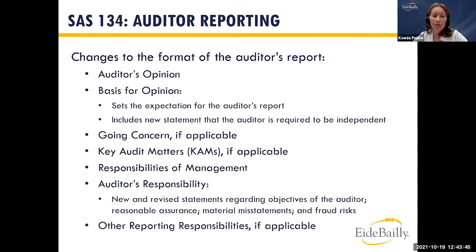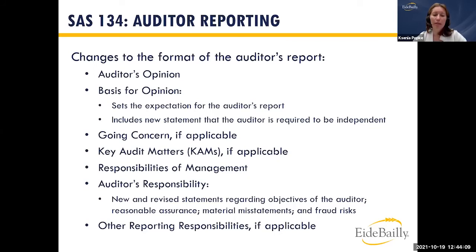There are some changes to the basis for the opinion. There's some additional information on going concern. Again, you could imagine that that came about also from COVID, even though some of these standards were already in the works prior to that, but it became even more important in the current environment.